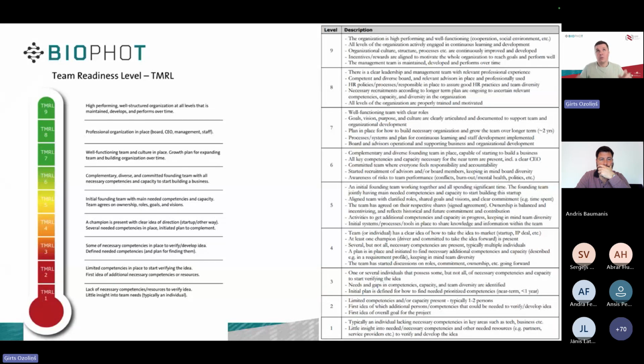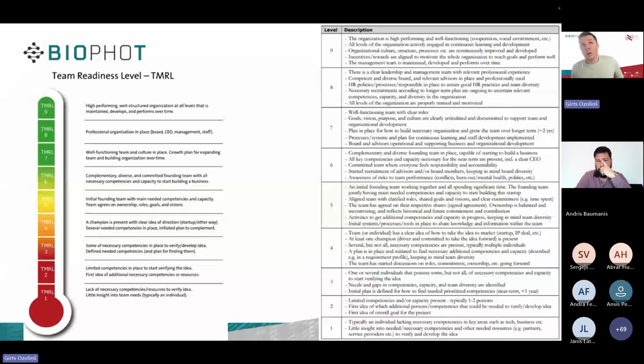A champion in our terms means someone who has passion, who will actually drive everything, the project itself, the other team members, who will be the major driver for all this technology to market. That is very important, but it usually comes around team readiness level 4, where at least one, it could be more than one champion who is driving, but at least one.